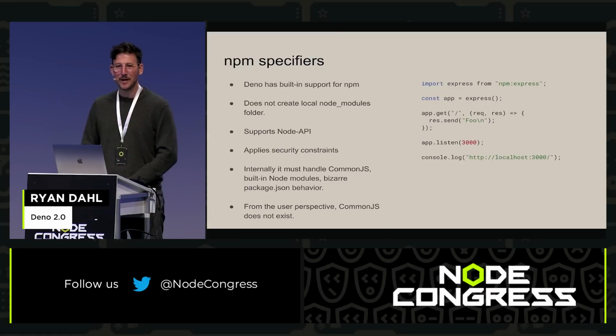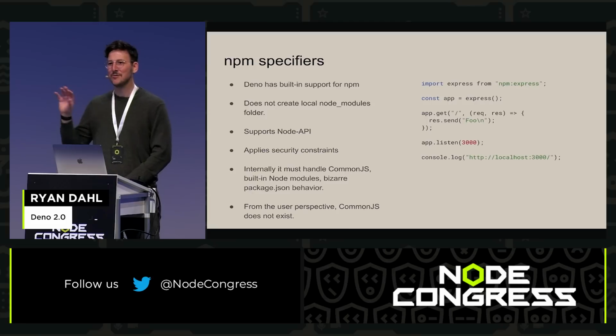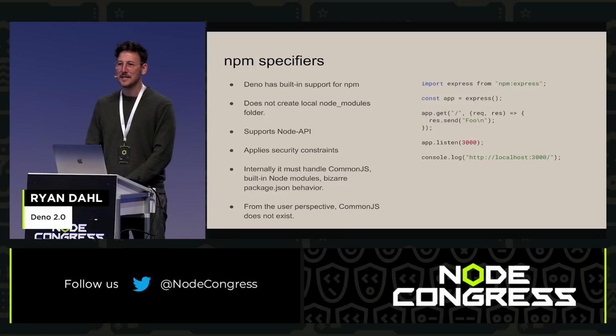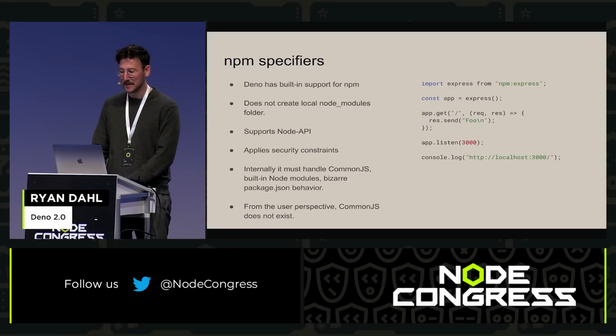We're very adamant that everything should be ECMAScript now, and you cannot use require. But when you reach into this ecosystem through this npm specifier portal, internally it is actually loading CommonJS modules and doing pretty crazy stuff to make this possible.